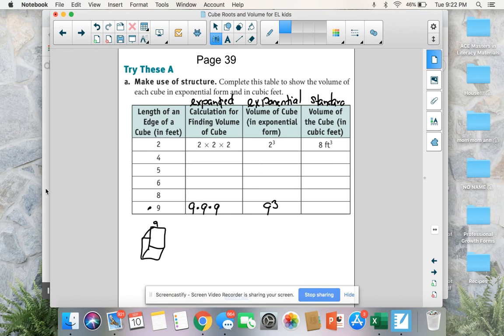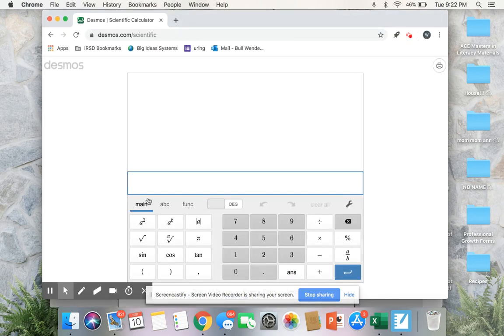So then when I calculate my volume, I could calculate that by hand, or you can pull up what I call Desmos. So take a look at my browser and you can type in desmos.com/scientific. And here you can do a couple things. You can do 9 times 9 times 9, and it gives you that answer right there.